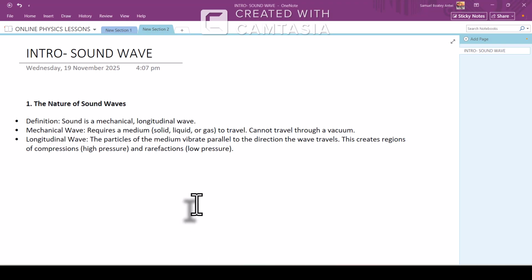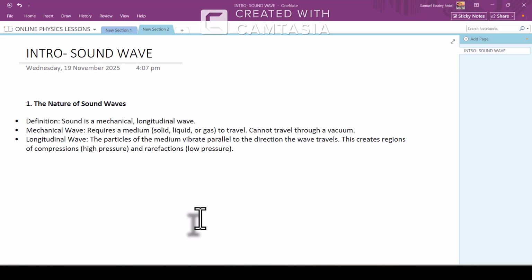Okay, so today we are going to discuss sound waves. As you already know, in our previous discussions, we spoke about waves in general, and then in it we described mechanical waves and then longitudinal waves.